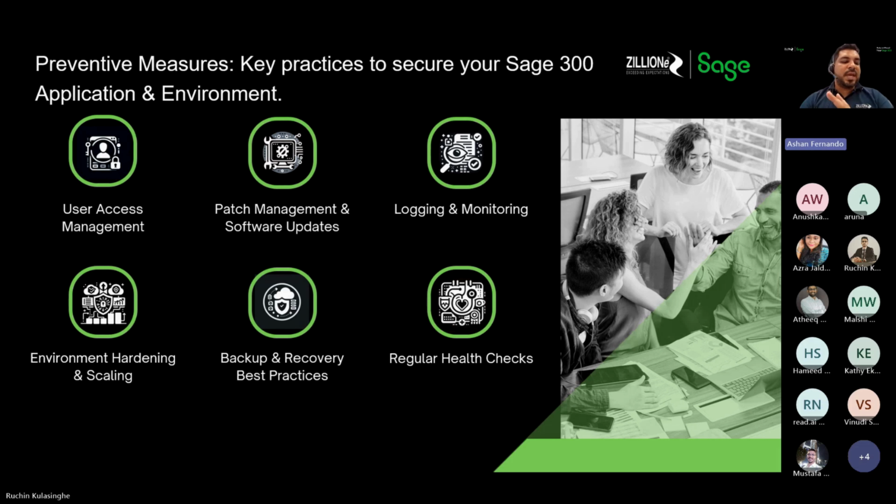First one is user access management. In Sage 300, you all know we can give user access according to their role, and also we can reduce the user access, because Sage 300 currently has security groups, and we can assign those security groups according to their job role. So those kinds of things you have to do.